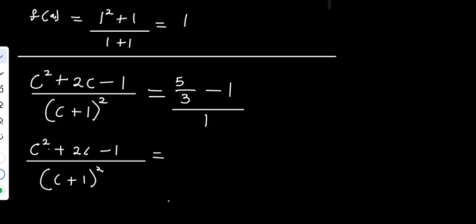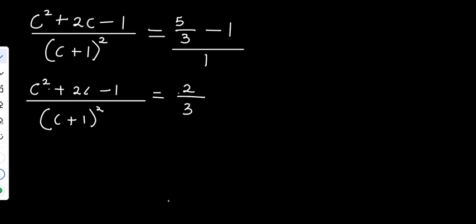So what is that going to give us? 5 divided by 3 minus 1 is going to give us 2 over 3. So proceeding, we can now cross multiply.